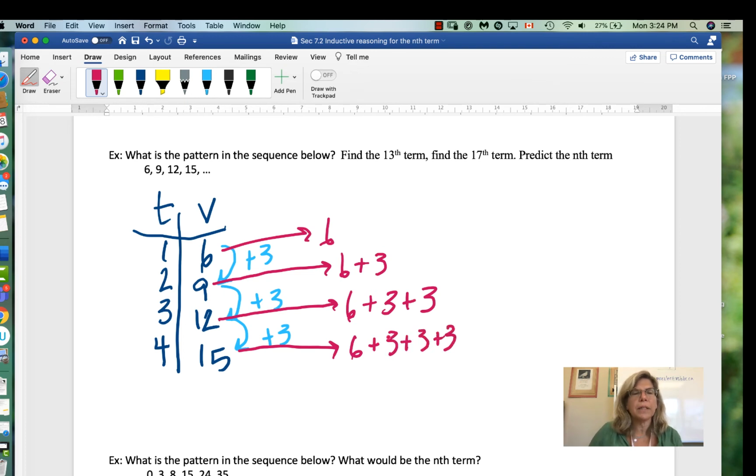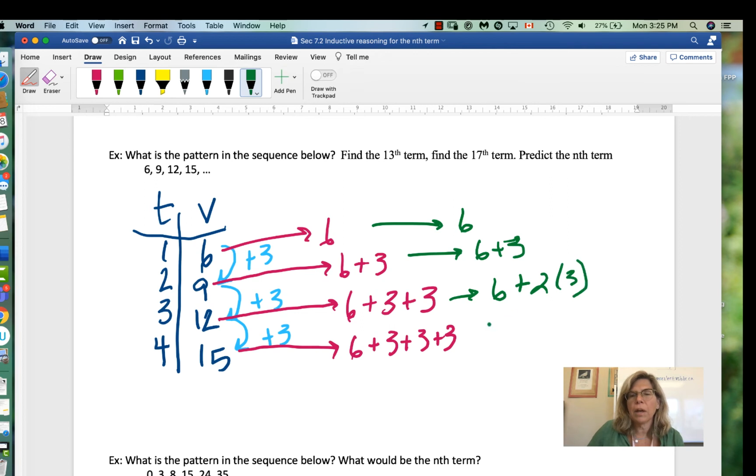And now if you look at this, like some that we looked at before, you can count the number of 3's and look at it relative to the term. You could even rewrite this. You could say 6, and then 6 plus 3, and then 6 plus 2 times 3, and then 6 plus 3 times 3, and so on.